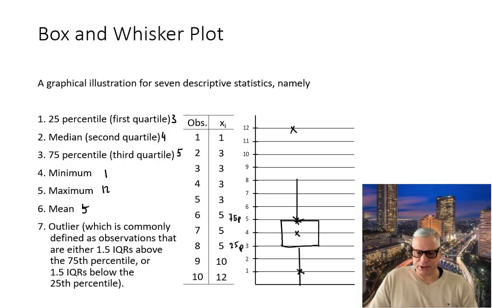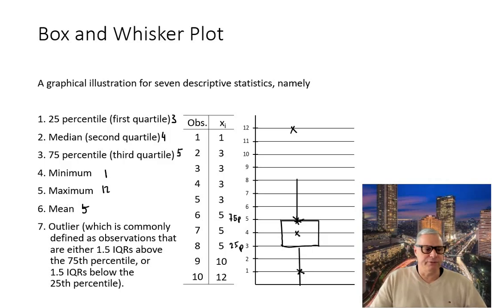So different statistical software programs have different designs, but the basic idea is clear. The most important thing is that you can identify the box and read that, and the whiskers, and then you will definitely see outliers and an indication for the mean or the median or both.